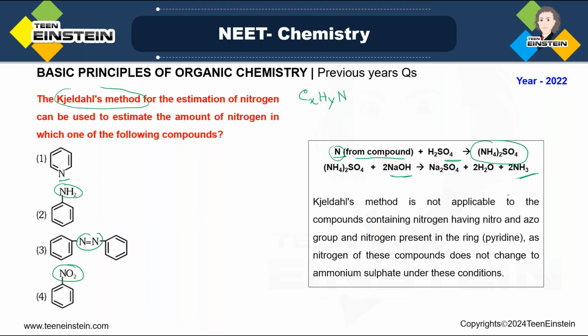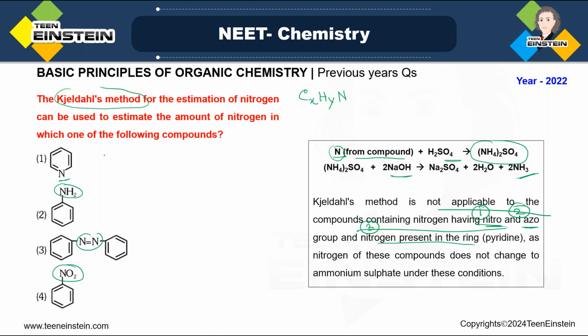We get ammonia, and this ammonia is then treated with acid, and there are some extra steps, but the details are not required here. We just have to know in which case we cannot apply this method. This method is not applicable to compounds containing nitrogen in nitro and azo groups and nitrogen present in the ring. So these are the three conditions: number 1, number 2, number 3.